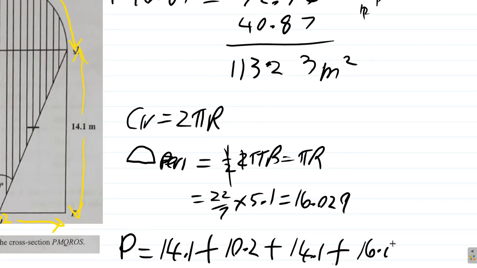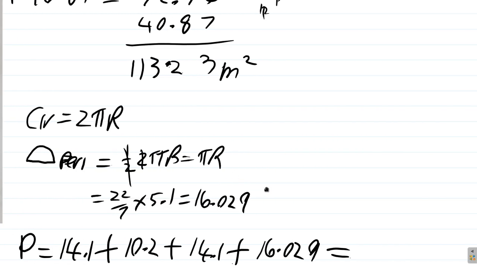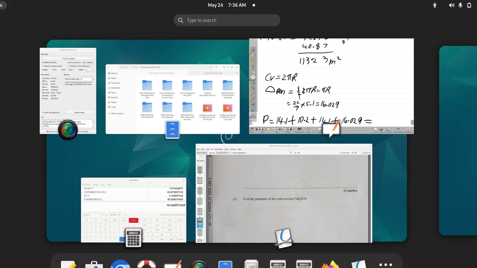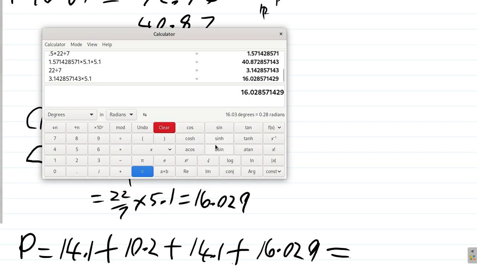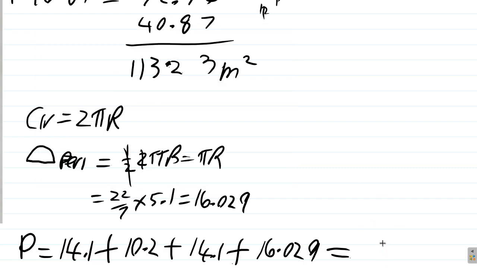So we have the 16.029 already, plus 14.1, plus 10.2, plus 14.1 equals 54.4 meters. All right, that is the perimeter.